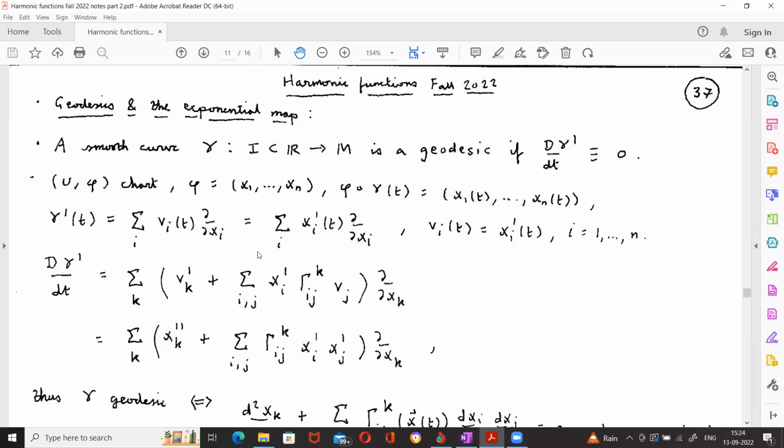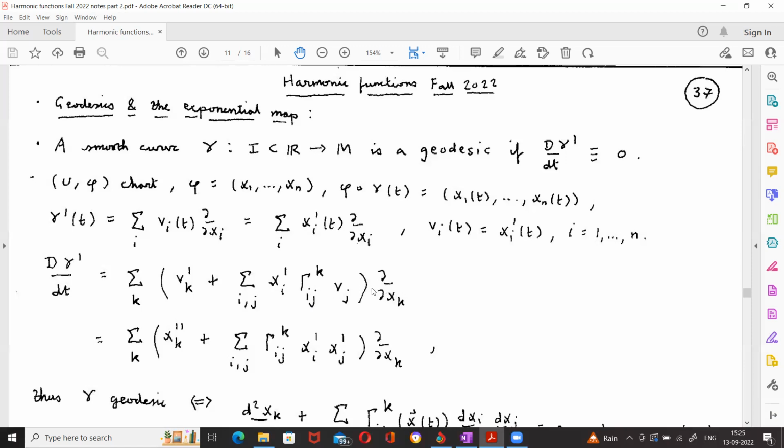Okay, so now we know the covariant derivative of any vector field along the curve gamma. So D/dt of gamma prime is going to be the sum over k of vk prime, plus the sum over i, j of xi prime, Gamma^k_ij, vj, the whole thing times del/del xk. This is just the formula for the covariant derivative of a vector field.